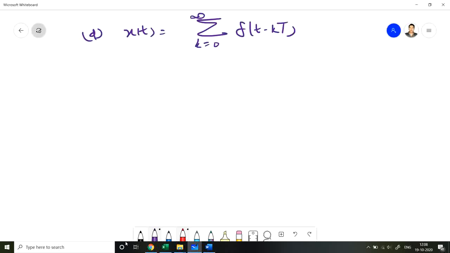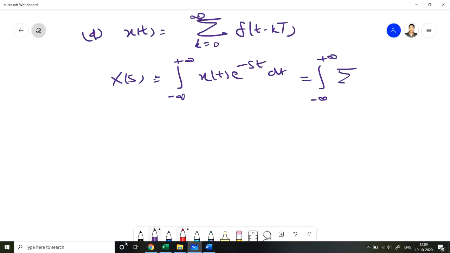Now the solution of this is X(s) is equal to the integral from minus infinity to plus infinity of x(t) e^(−st) dt, and that is equal to the integral of the summation k equals 0 to infinity of δ(t − kT) e^(−st) dt.